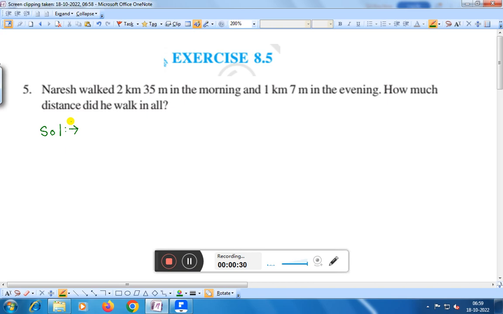Here see the question is Naresh walked 2 km 35 meter in the morning and 1 km 7 meter in the evening. How much distance did he walk in all? That means we have to add. Okay?